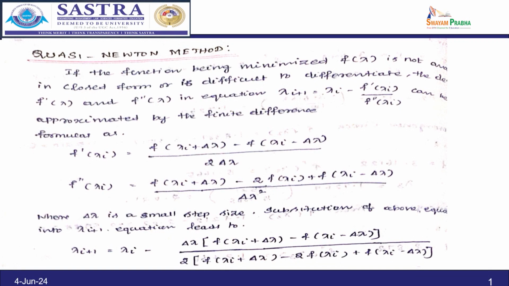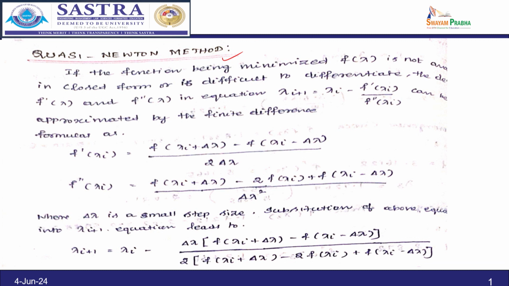Okay, now let us discuss some more problems in the Quasi-Newton method. I hope all of you know about the Newton method, and this is slightly different from it, so we call it the Quasi-Newton method.